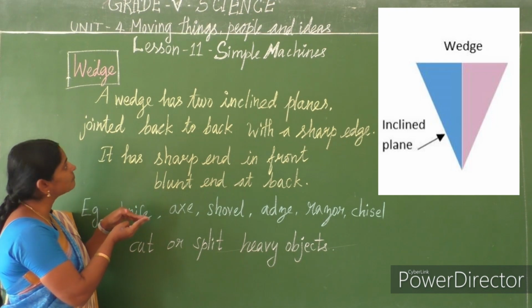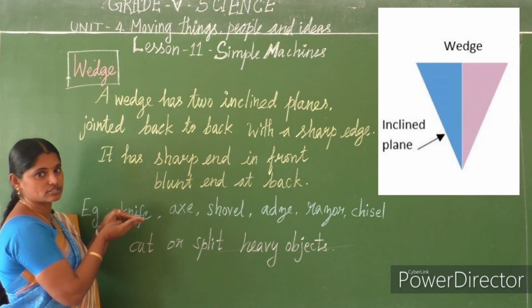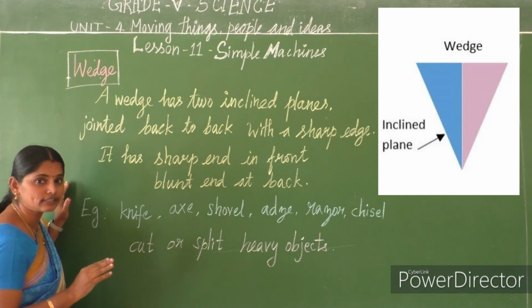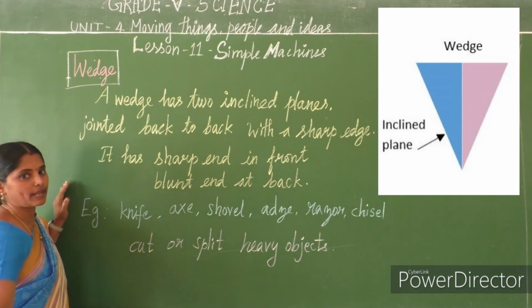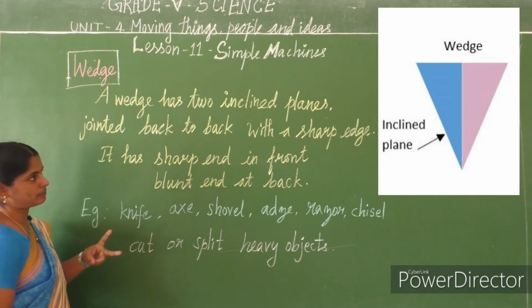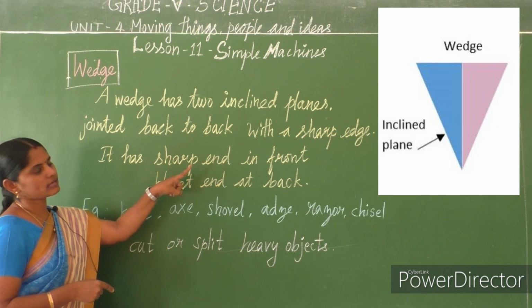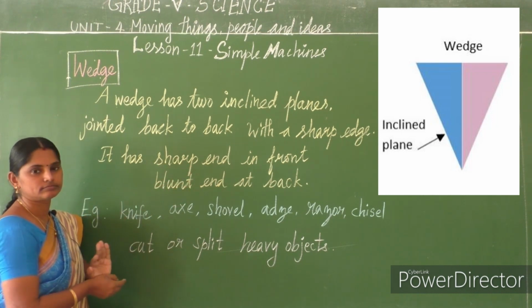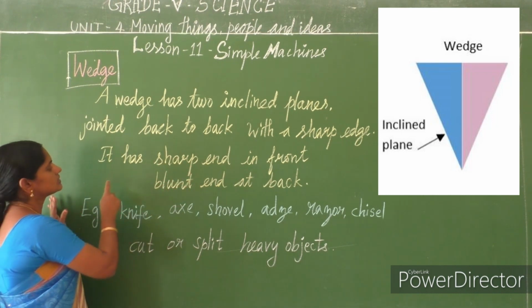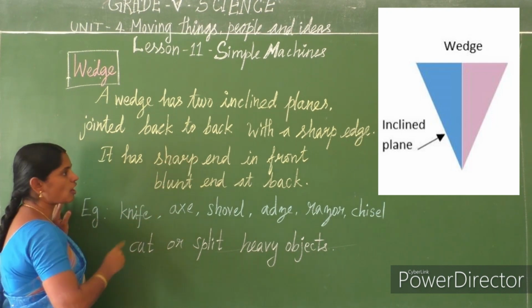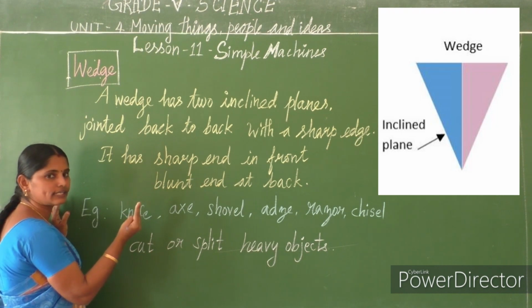This setup we call as wedge. Clear children? So wedge is nothing but two inclined planes joined back to back with a sharp edge. Clear? So the front end will be very sharp, whereas the back end is blunt.